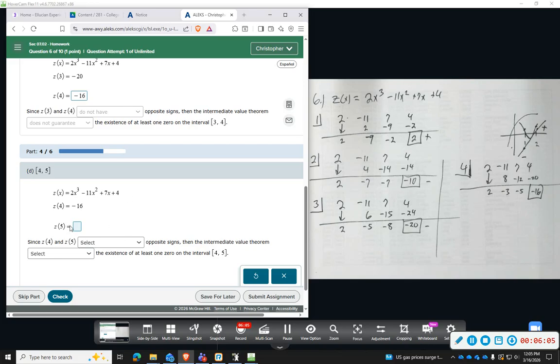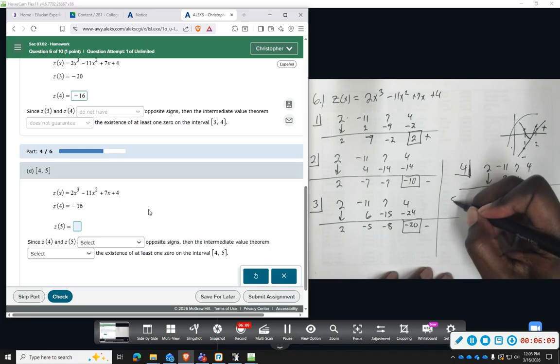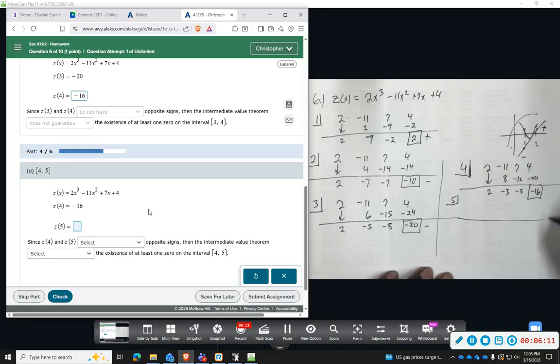All right, so we do the same thing with 5. Two, negative 11, 7, and 4. 5 times 2 is 10. Negative 1, 5 and negative 1 will give us negative 5. This will give us a positive 2. 5 and 2 is 10. And this gives us 14.